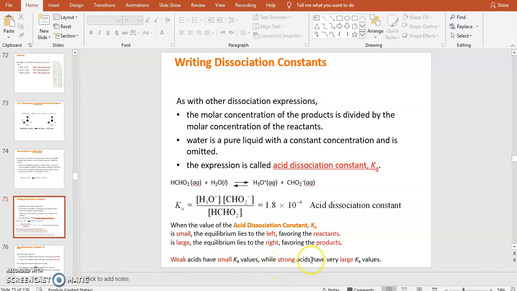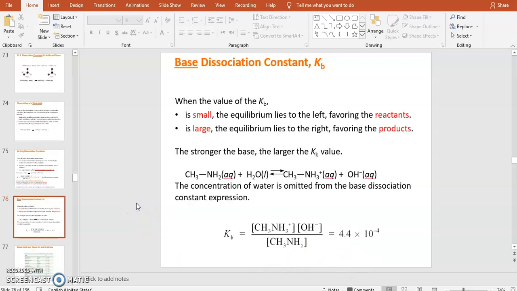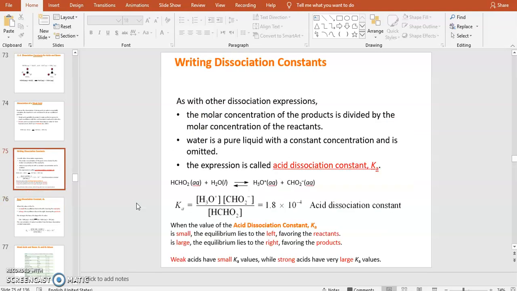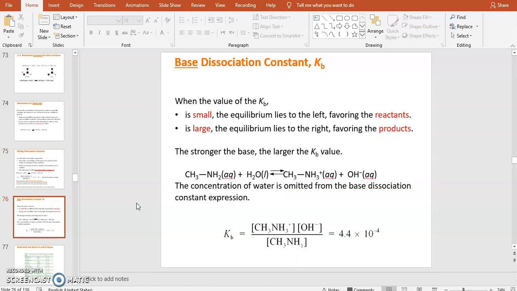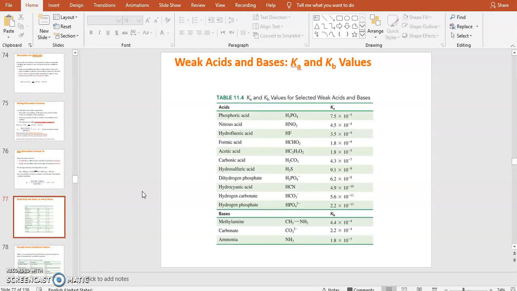If it's a big number, then you will have a strong acid. Same thing with the base. So this is another example of dissociation. Same thing: you put the product over reactant, and the water is considered as 1. So you will get this number. So this is the Kb.